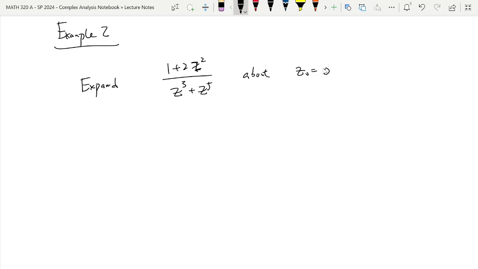How can we do this? So the only trick that we have is start from geometric series, make substitution, and then integrate or differentiate. And for this one, looks quite complicated.